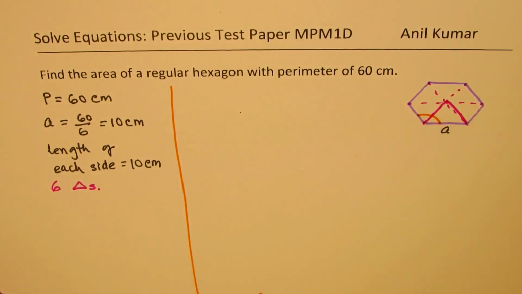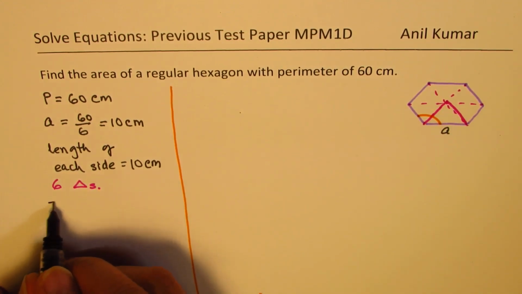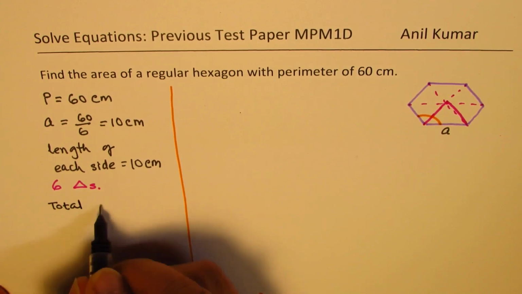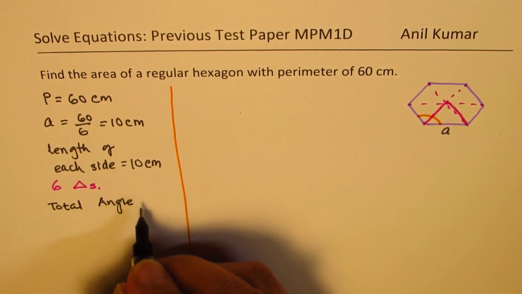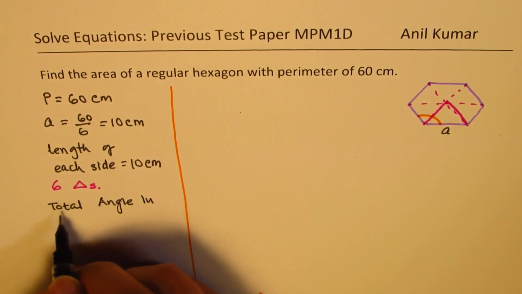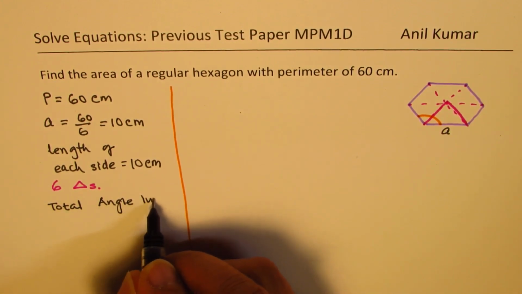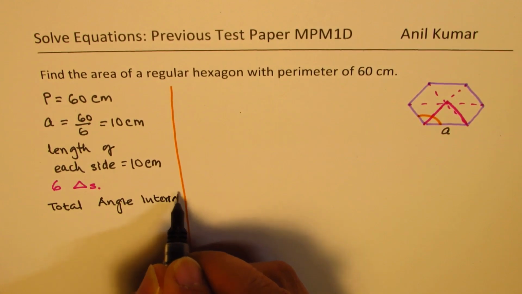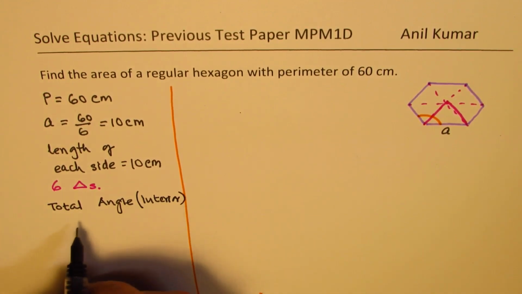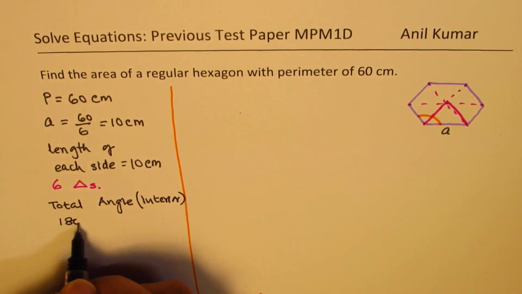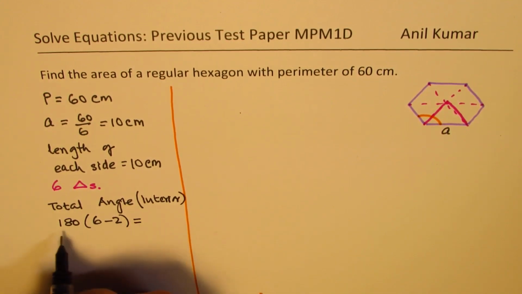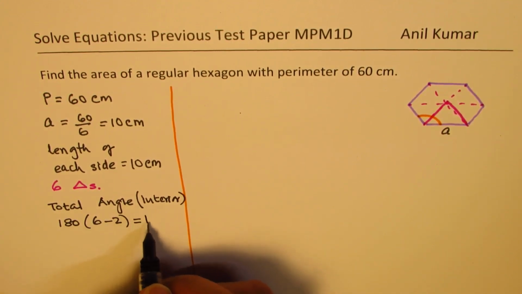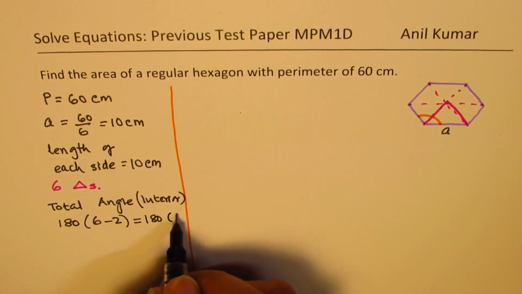Now, as far as the hexagon is concerned, what is the internal angle? Each angle here is, total interior angle in a hexagon, 180 times (6 minus 2), right? Which is equal to 180 times 4.